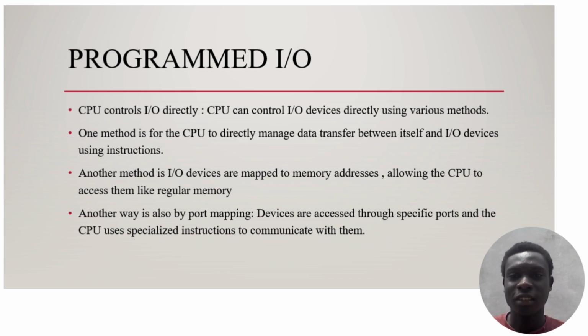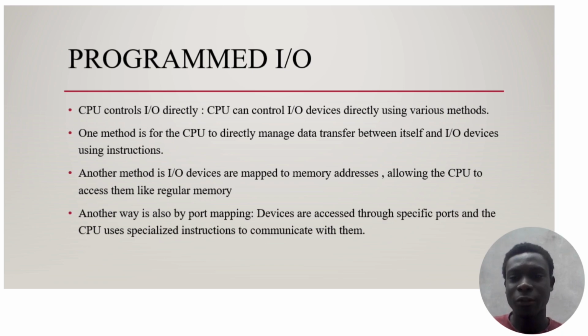The second one is one method for the CPU to directly manage data transfer between itself and the I/O devices using instruction. The third one is the memory-mapped I/O method. Another method is that I/O devices are mapped to memory addresses, allowing the CPU to access them like regular memory.